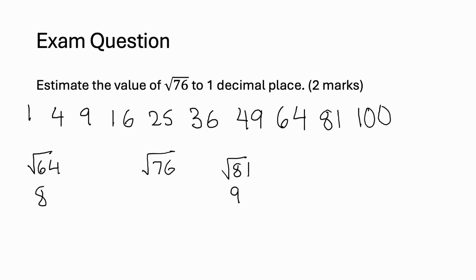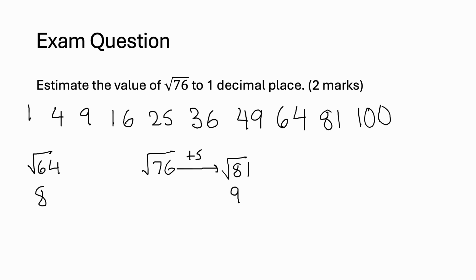So first of all, we know that it's going to be 8 point something. But now we need to decide what value it's going to be. So then what we do is we look, okay, 76, is that closer to 81 or is that closer to 64? Well, let's see. To get from 76 to 81, we have to add 5.